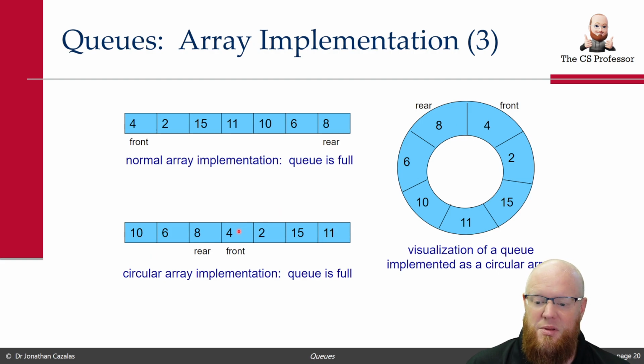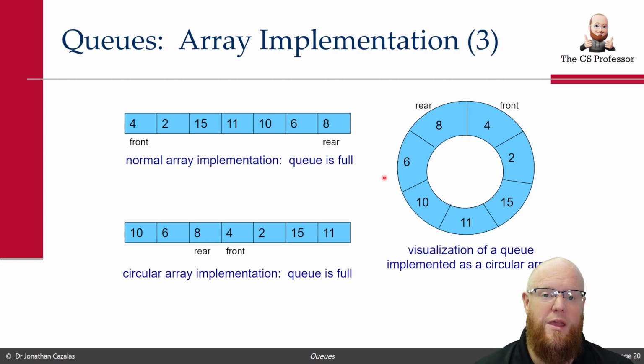It doesn't matter, because now if I say 4, 2, 15, 11, and we wrap around, come all the way back to the front, 10, 6, 8. Pretend it's a circle: 4, 2, 15, 11, 10, 6, 8. That's exactly what we're going to do on the following example.